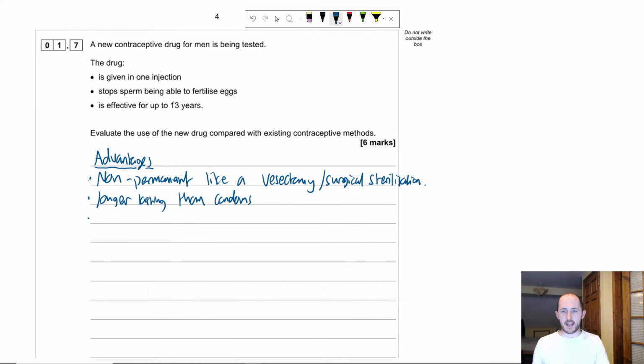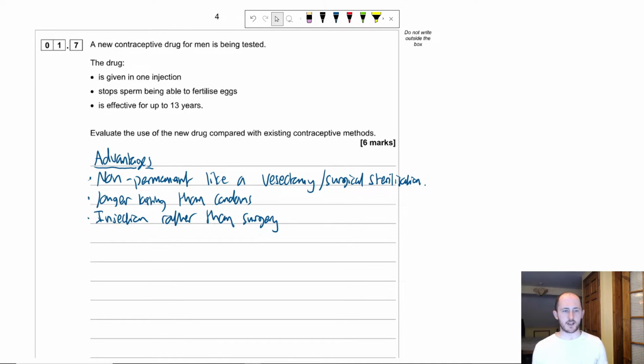And one other thing is that, if you think about this kind of surgical sterilization, look at the word surgery. Think of what a vasectomy is. It's a surgery. Generally speaking, surgeries aren't the best thing because you have to go under anaesthetic, which has its own risks. So it's good because it's just a simple injection rather than surgery. So the main benefit here is that it's long-lasting like a vasectomy, but it's not permanent and you don't have to undergo surgery.